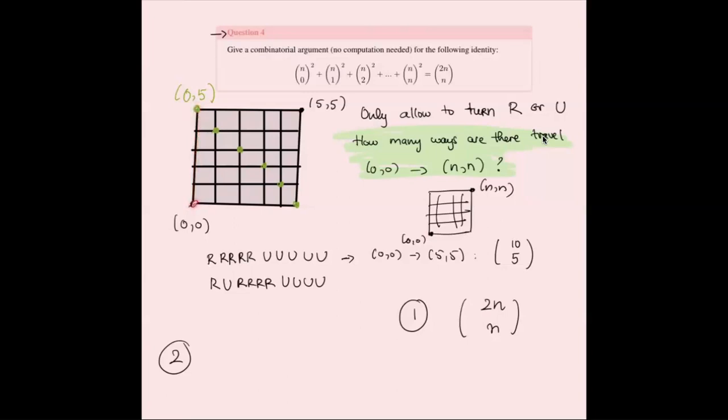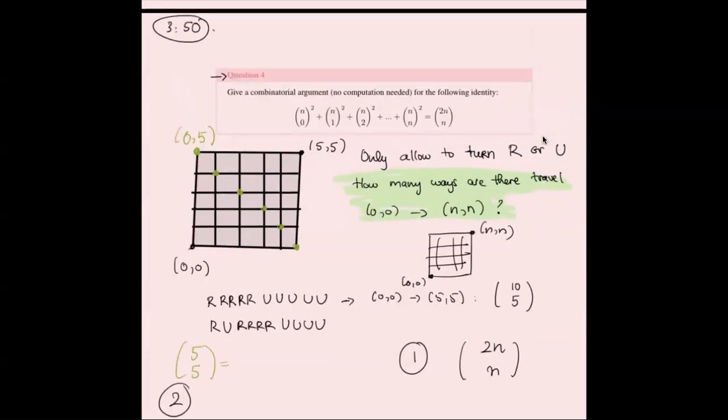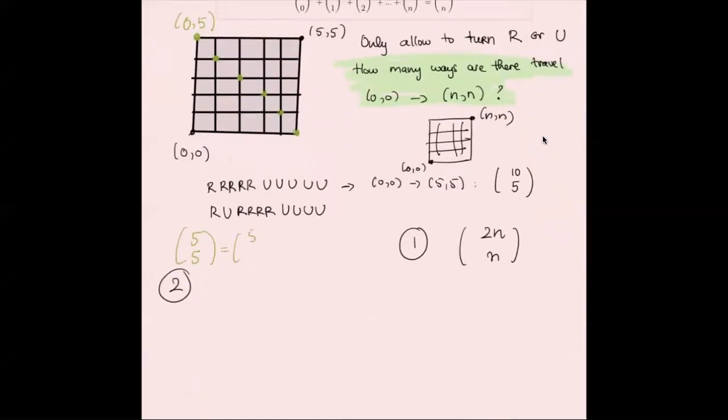You will see that from here to here, I will have to walk 5 steps. And out of those 5 steps, I choose 5 positions to turn up. Or you can also think of it as I choose 0 positions to turn right. Because from here to here, you don't turn right at any time, right? They're exactly on top of each other.